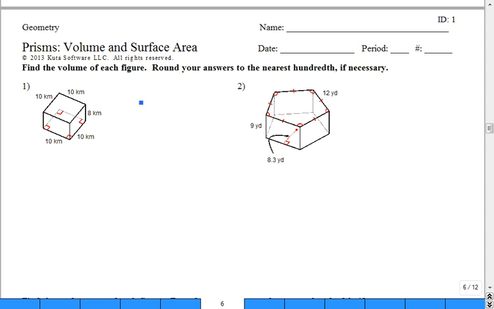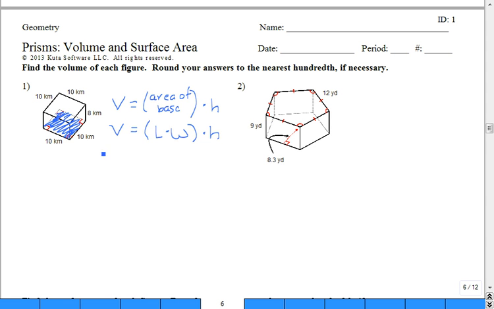Okay, in our first problem here, we see that we have a square base. So we know that our formula tells us we have the area of the base times the height. The area of a square is length times width.